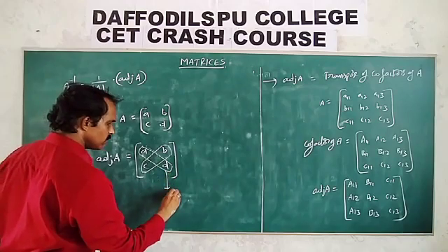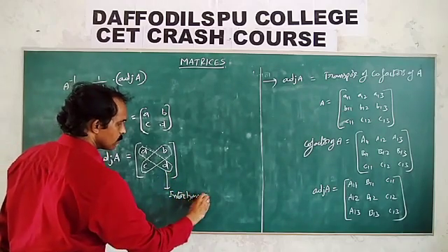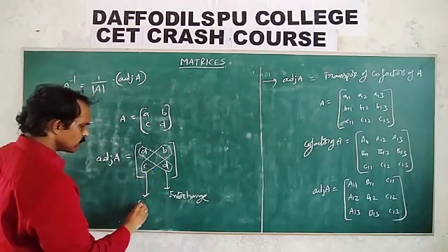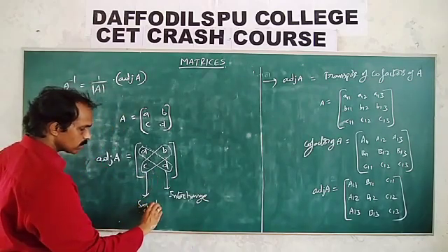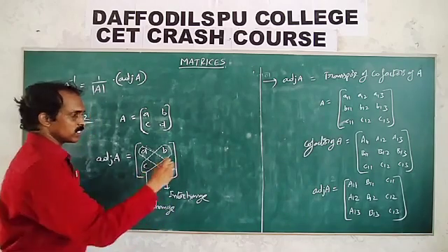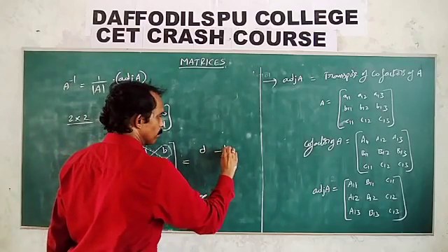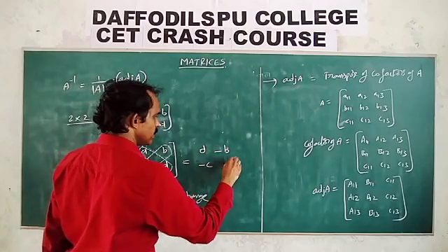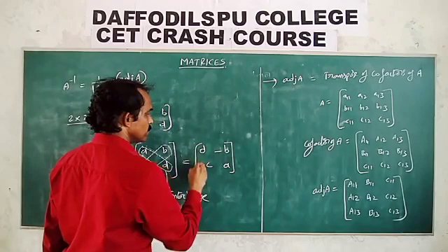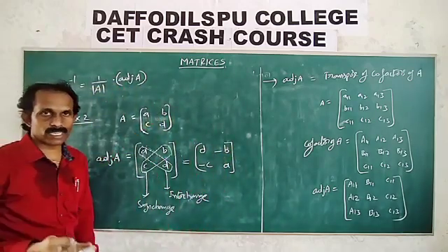And these two have their sign changed. For these two interchange, what is adjoint A? Adjoint A is [d, -b; -c, a]. This is adjoint directly, without finding cofactors.